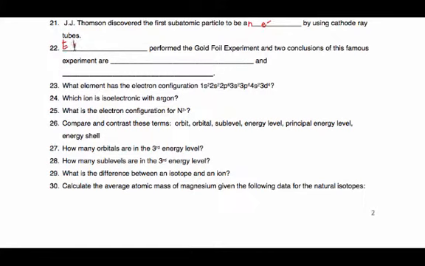Ernest Rutherford performed the famous gold foil experiment, and two conclusions of this experiment are that atoms are mostly empty space, and a small, dense nucleus contains positive protons.